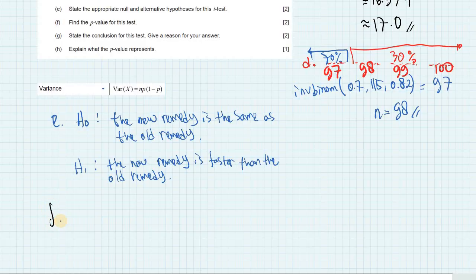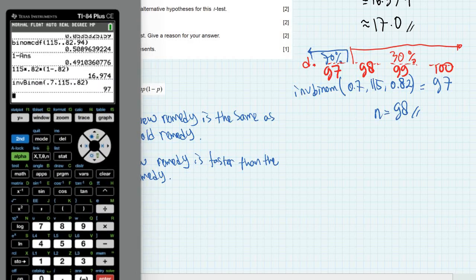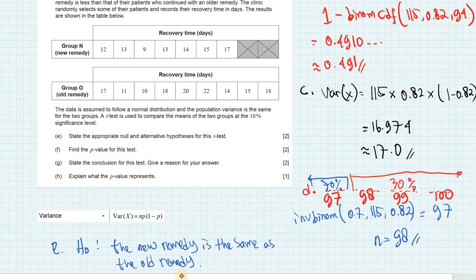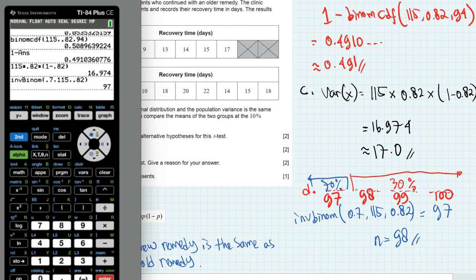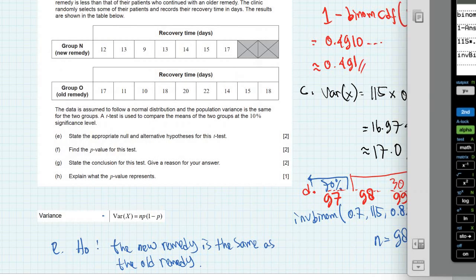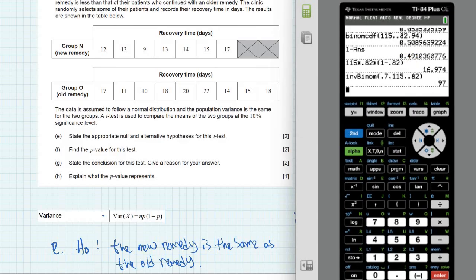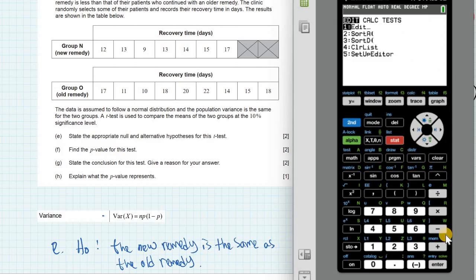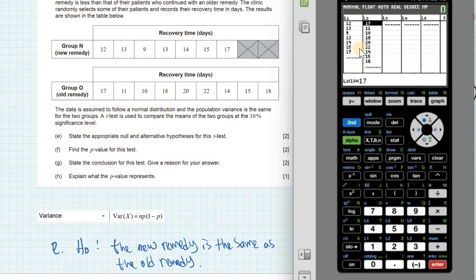Question F: find the p-value. Let's input this into our data. I already put this into my calculator data, so I don't have to do it again. You go to start and then edit, and input your data.